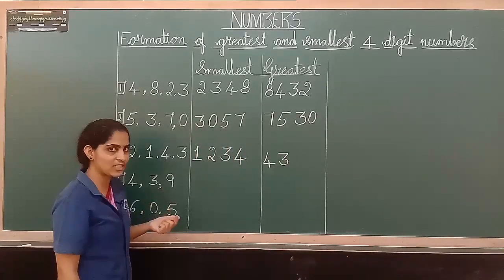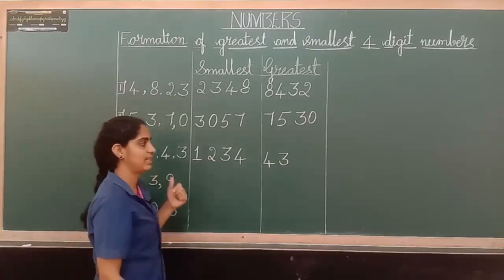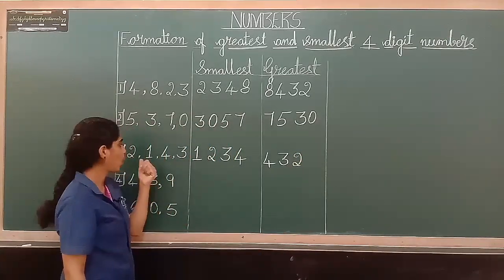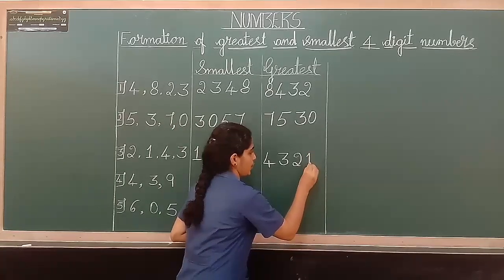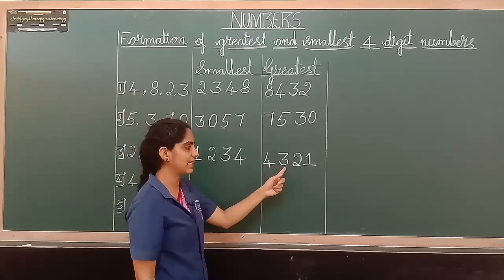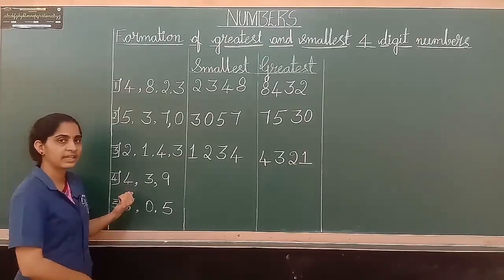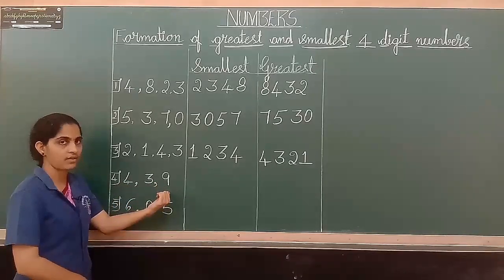So which digit should I write next? I have to write 2. Let us write. And remaining is 1. We have to write it at the end. So we got the greater number 4321.